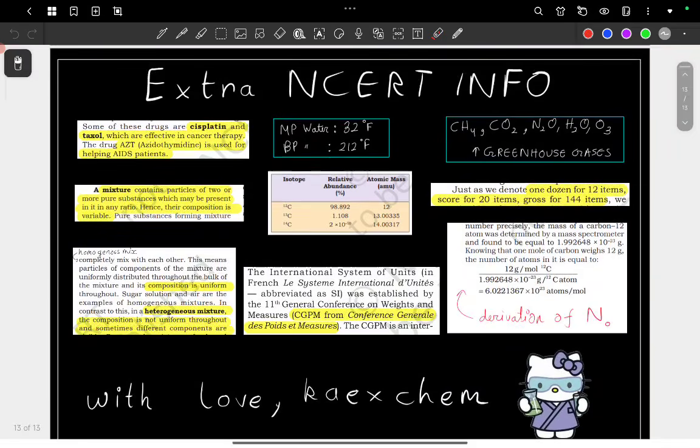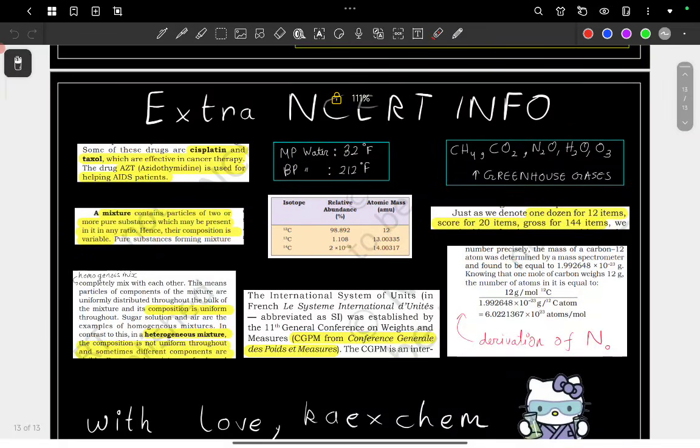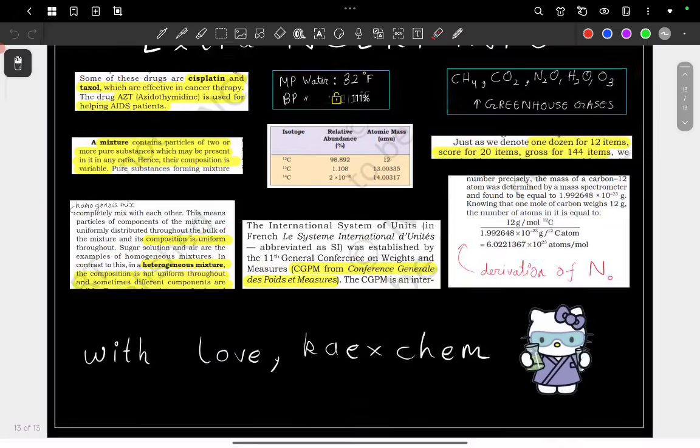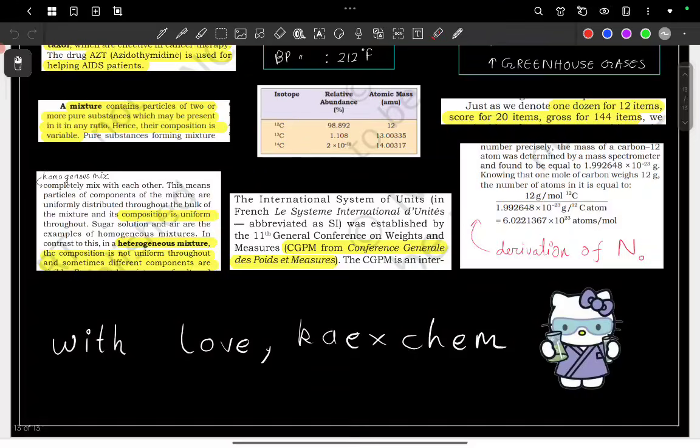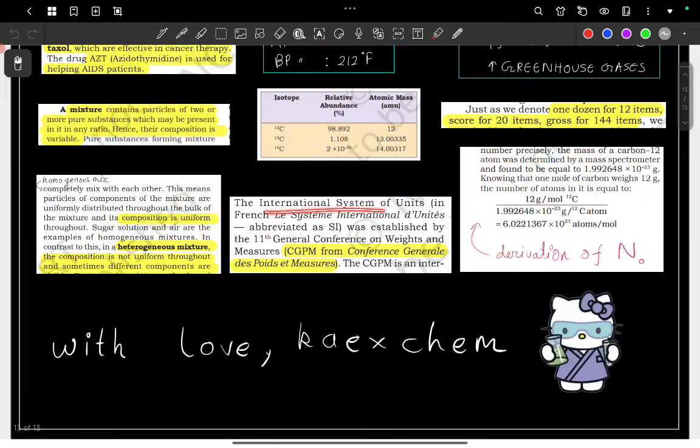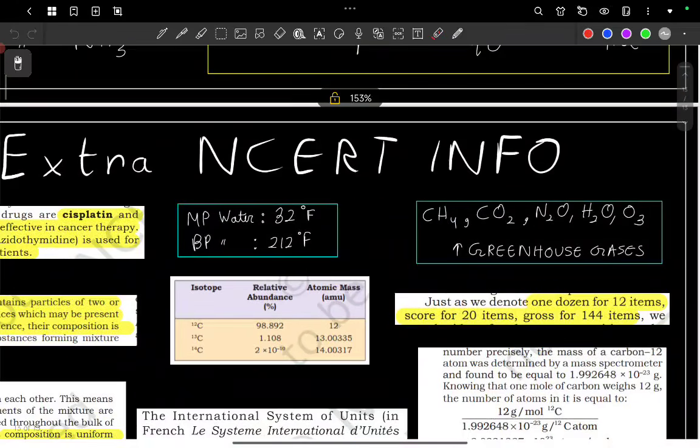Okay. The melting point of water in Fahrenheit is 32. Boiling point is 212. These are the isotopes of carbon. This is the full form of CGPM, the organization that decides the SI units. These are the greenhouse gases which cause global warming.